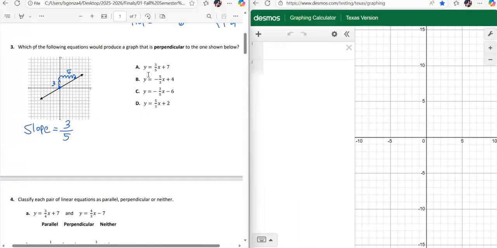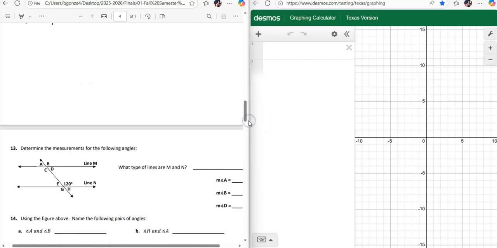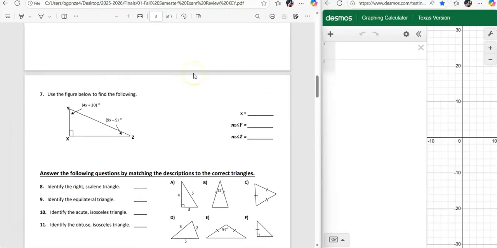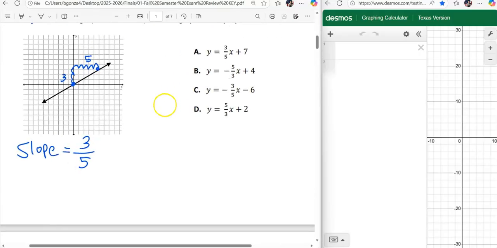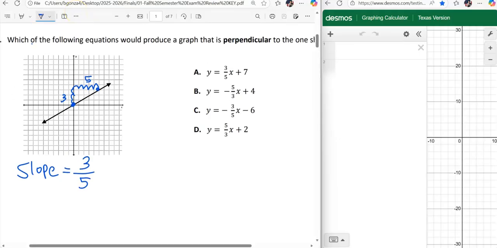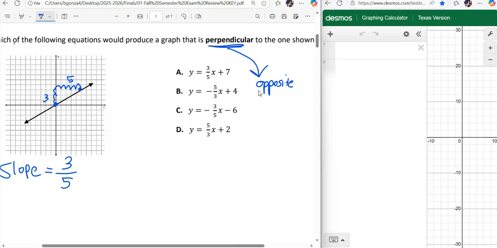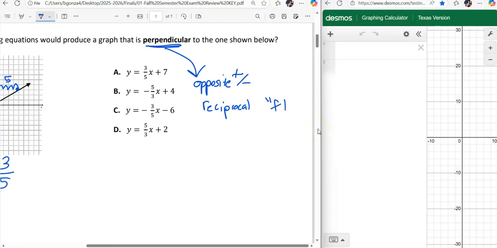Okay, so if we want it to be perpendicular, remember, perpendicular means what? Opposite, which is the plus minus sign, and then reciprocal, which means you flip the slope.